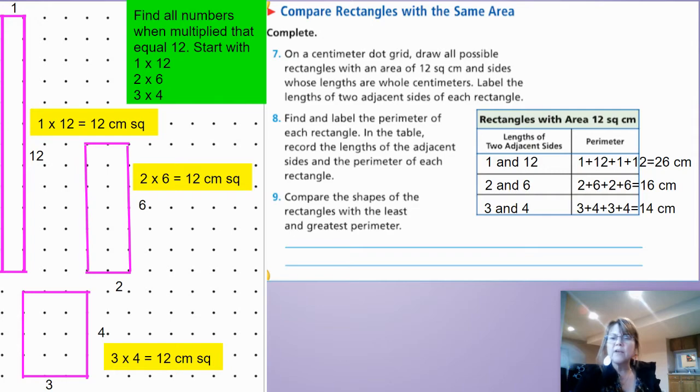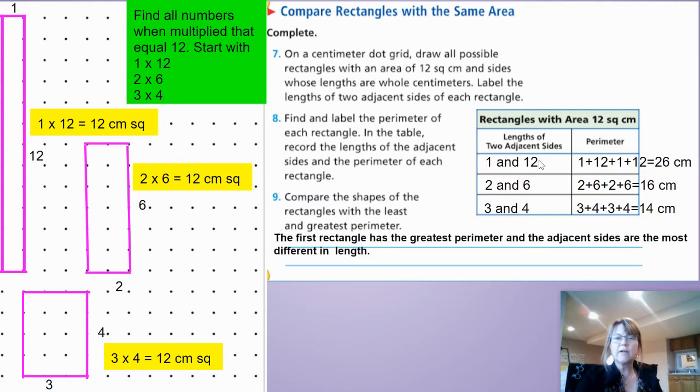Now we're going to look for a pattern just like we did before when we were finding similar perimeters and then the different areas. Here we know that the rectangle that has the greatest perimeter is the one with the adjacent sides the furthest apart. So the first rectangle has the greatest perimeter and the adjacent sides are the most different in length.